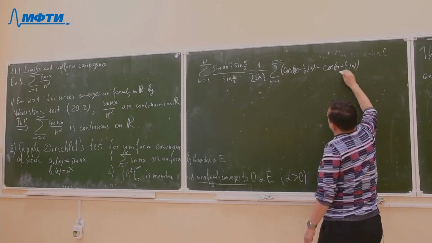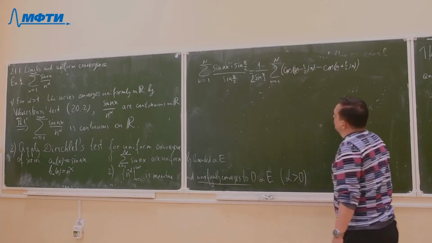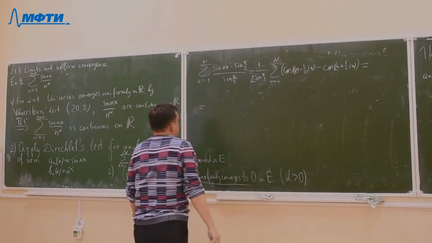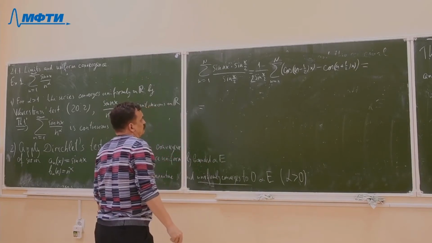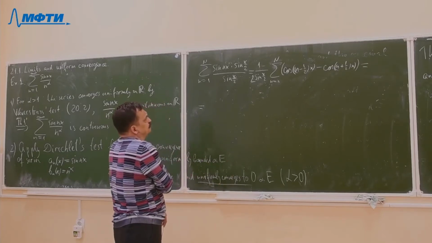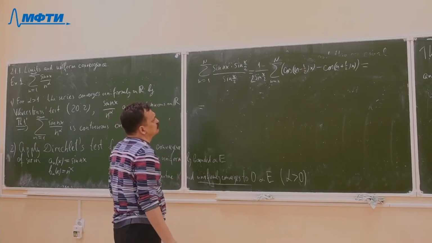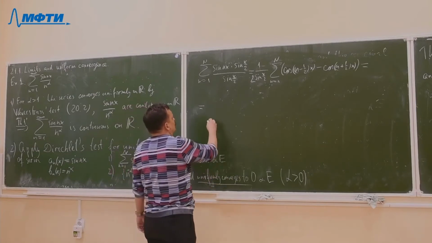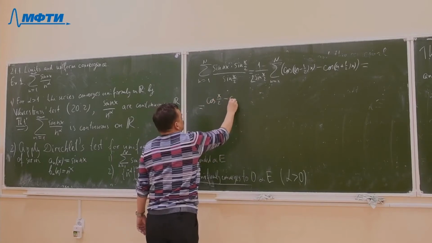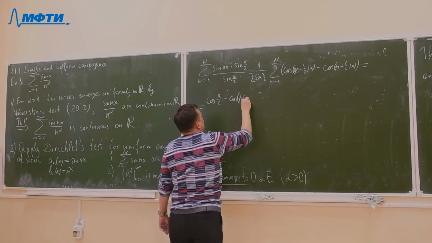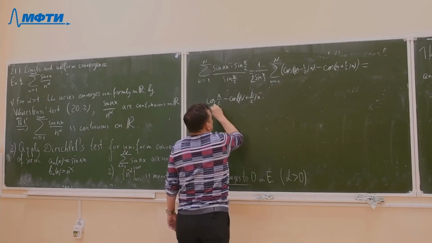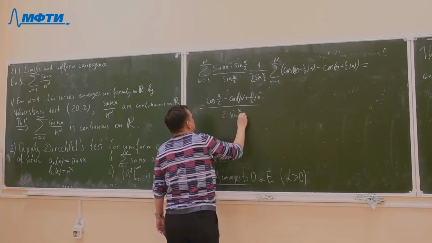And then that is precisely cosine x over 2 minus cosine of (N plus 1 over 2) x, over 2 sine x over 2.